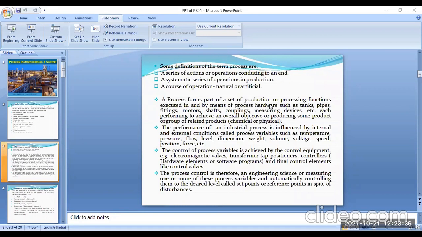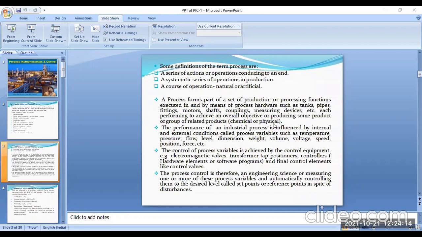These are basically the process hardware units we use in our process industries: different types of tanks, pipes, fittings, motors, fans, couplings, measuring devices, valves, and control switches. In any process plant, the overall objective is producing some product or group of related products, with either chemical or physical changes.